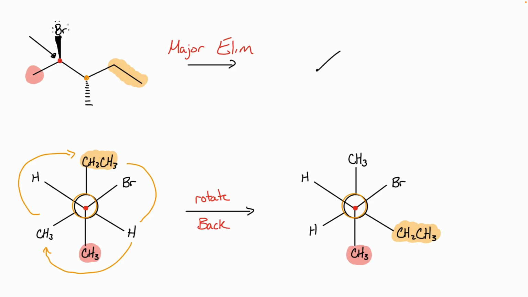So I'm specifically going to form the Z stereoisomer here as my major elimination product. Red and orange have to be next to each other.